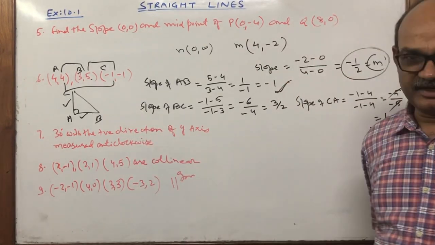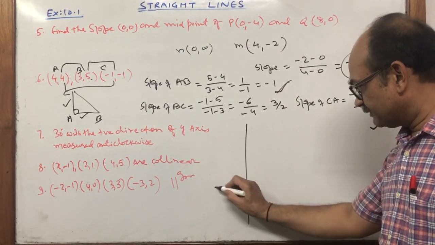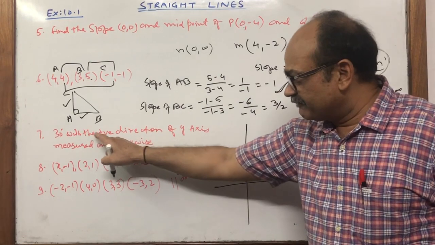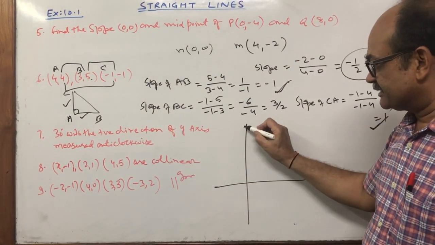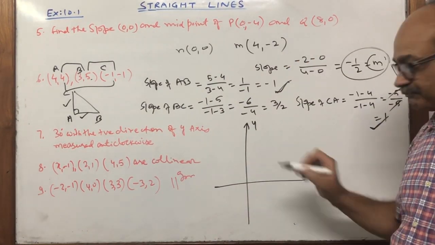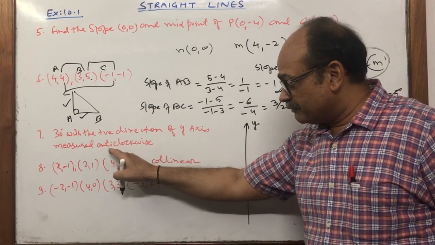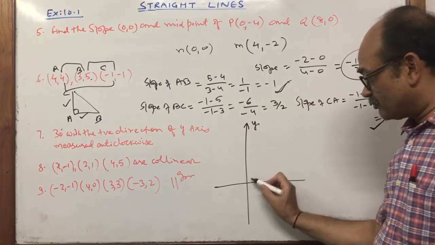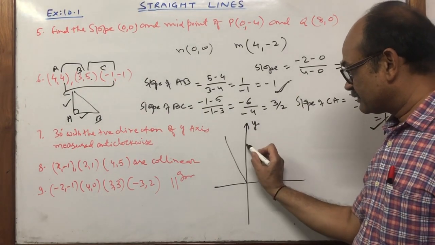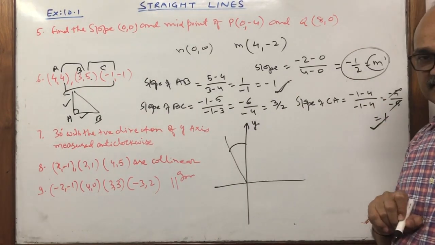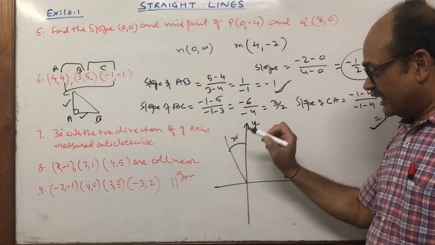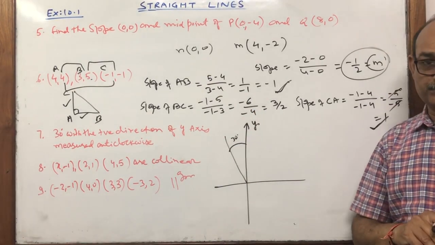Next is a very important question for competitive exams. The language is important. A line makes 30 degrees with the positive direction of the y-axis. This is the positive direction of the y-axis, and it makes 30 degrees measured anti-clockwise. Anti-clockwise means like this. This angle is 30 degrees and we want to calculate its slope.